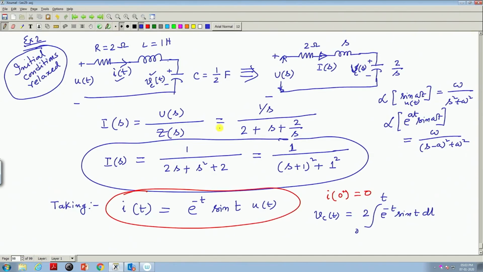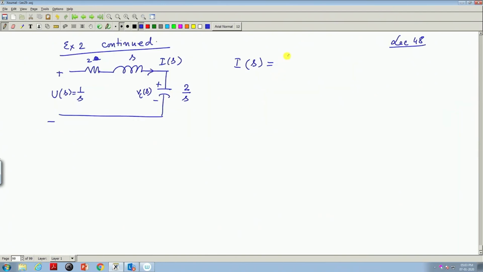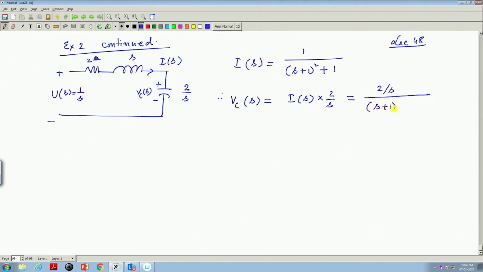I(s) was this one: 1 over (s plus 1) whole square plus 1 square. Therefore, now V_C(s) will be equal to I(s) into 2 by s, that is 1 by Cs, and this will then become 2 by s into (s plus 1) whole square plus 1.